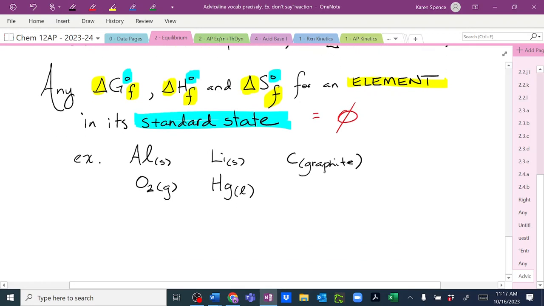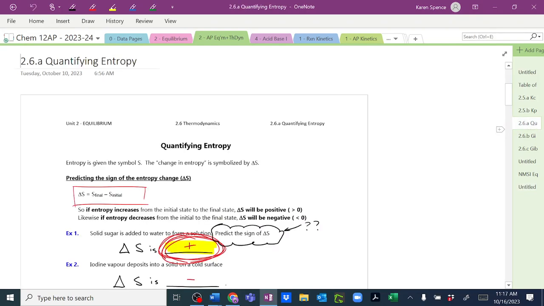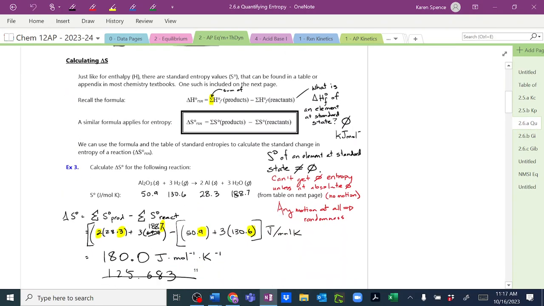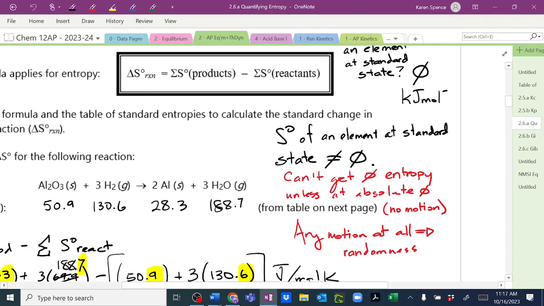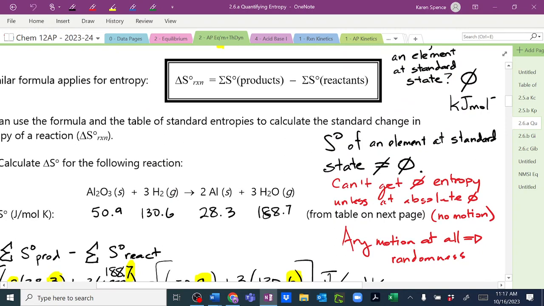All right. Now, we were looking at quantifying entropy. So, we got to page 11. This is where I said S naught of an element at standard state does not equal 0.